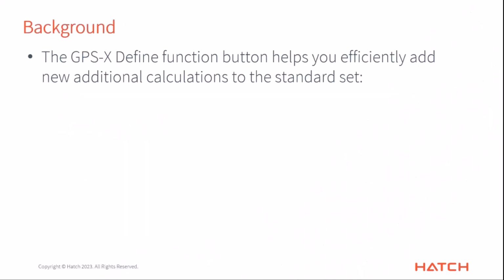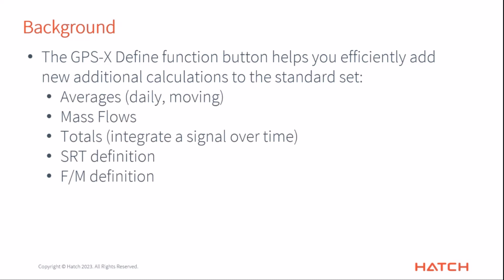Okay, so the GPSX define function button is there to help you efficiently add new calculations to the standard set of calculations that we're doing for GPSX. So any place that you would like to do an extra set of calculations on top of what we're already doing, this is where you can set some of those things up. For example, if you had a number for your effluent BOD, you could calculate a daily average or a moving average of that.